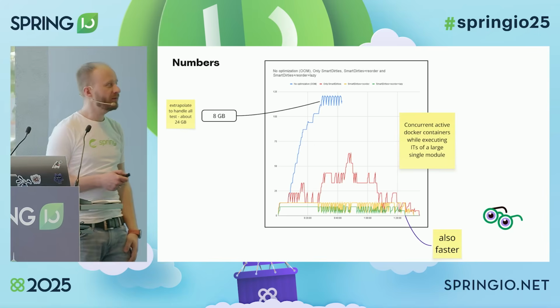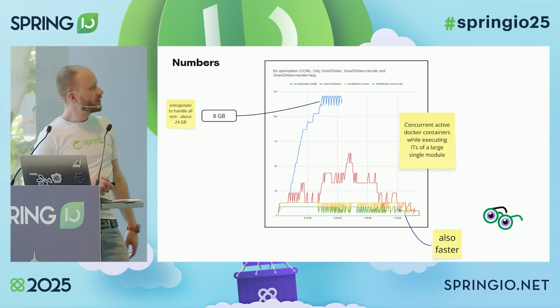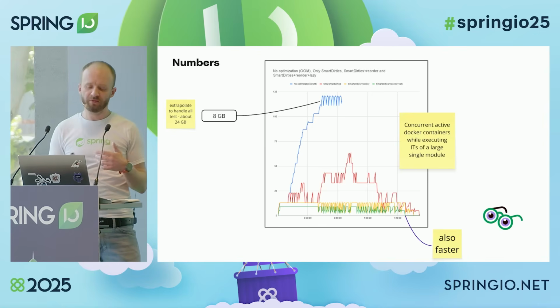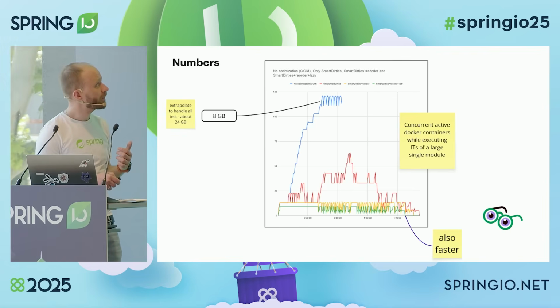We had very impressive numbers when we implemented those optimizations. On this chart, you can see the number of active Docker containers on a local laptop when you try to run the whole test suite of our biggest module with integration tests.